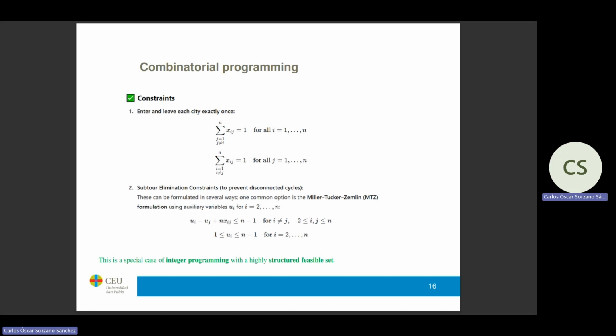For integer programming problems in which the feasible set has a very high structure, typically they have been approached with combinatorial programming. Combinatorial programming means you have to try all possible cycles.